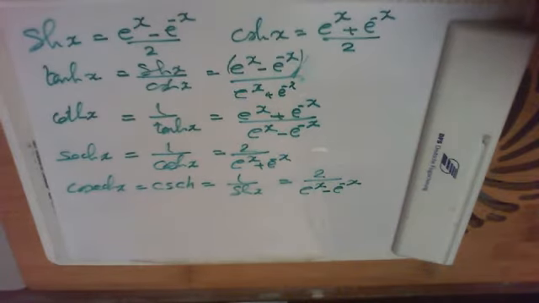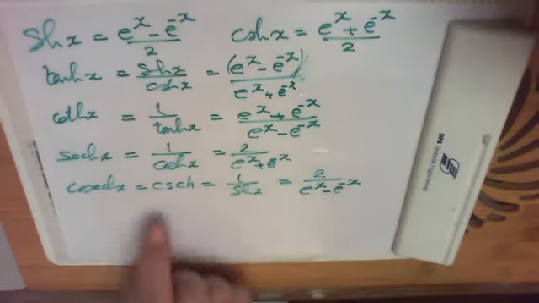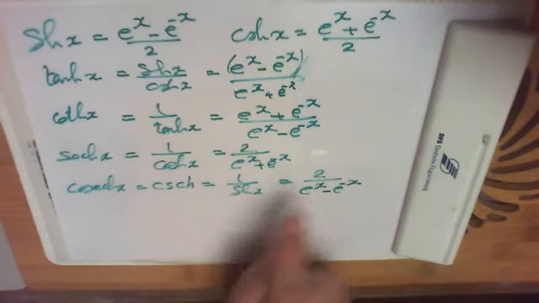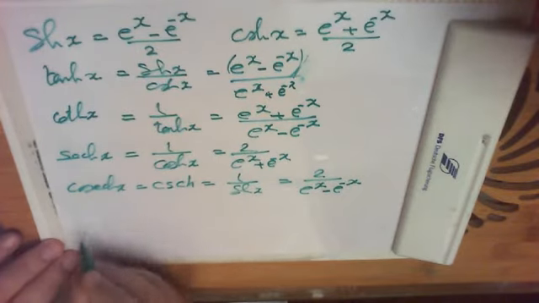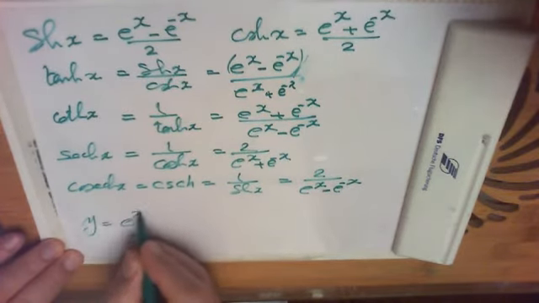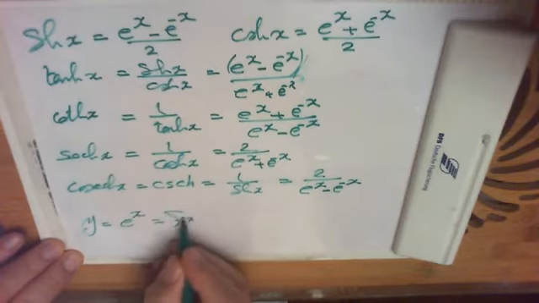Someone may wonder, if sinh, cosh, tanh, coth are dependent on e to x and e to minus x, and e to x is the inverse of ln. If y equals e to x, this is f of x.